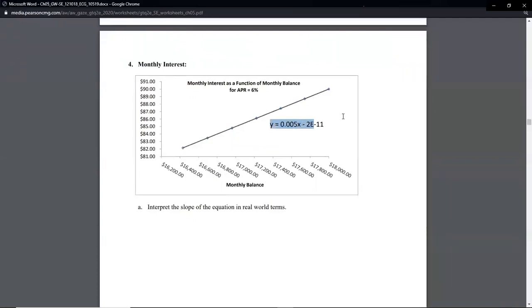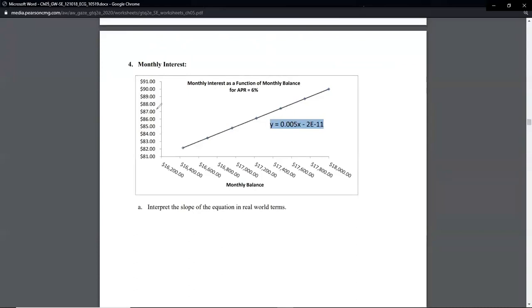We have our equation, which gives us the slope and the y-intercept, although I'm not talking about the y-intercept yet. Notice I said yet. We've got nice things labeled, dollars, monthly balance, and whoa, that's weird. Both the y-axis and the x-axis are talking about dollars, but they're talking about dollars of different things. One of them is dollars of a monthly balance in a savings account, and the other is the dollar amount of interest.